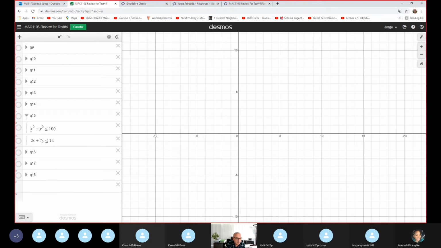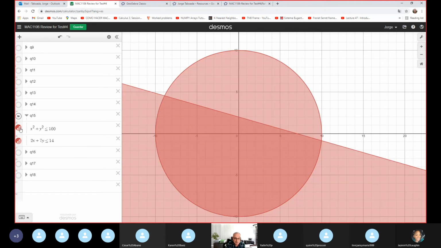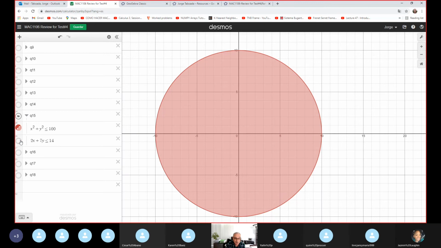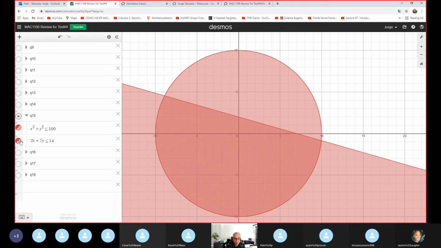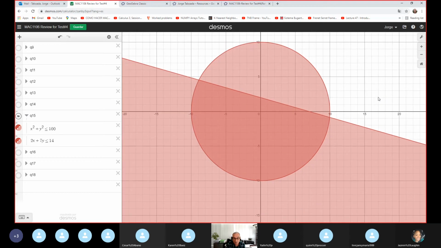It's a circle, but the region inside the circle. And the second is the region below the line, a solid line, of course. And the solution is that part, the part in which both regions overlap.